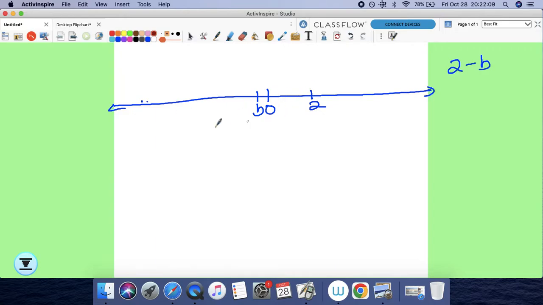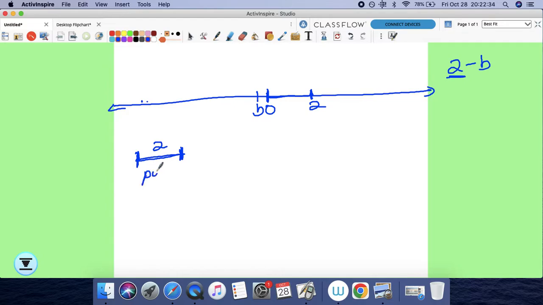So let's identify what we have here. So 2 minus b, and I want to identify by the actual size. This 2 over here is this size here. I'm going to put a 2 because that's the value, the magnitude of this particular part.